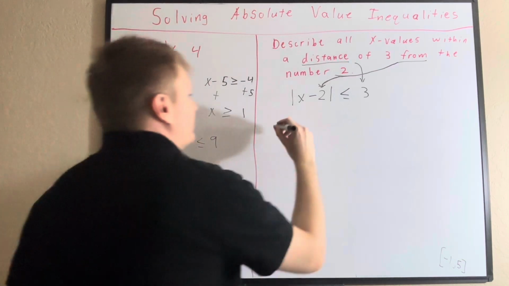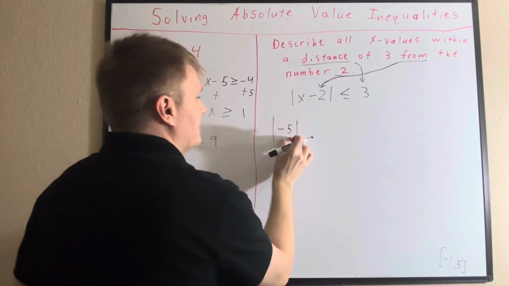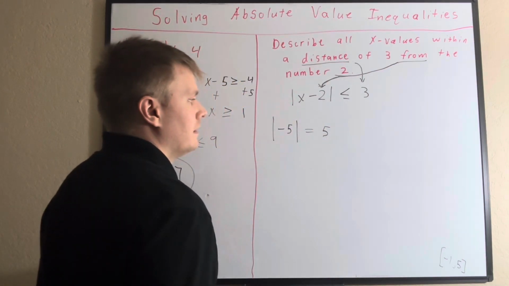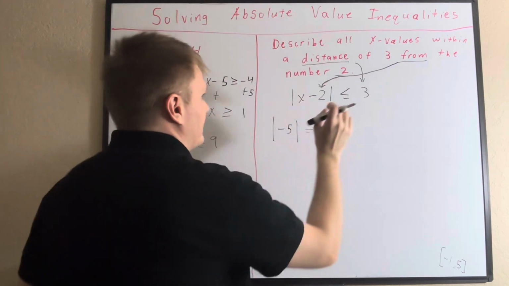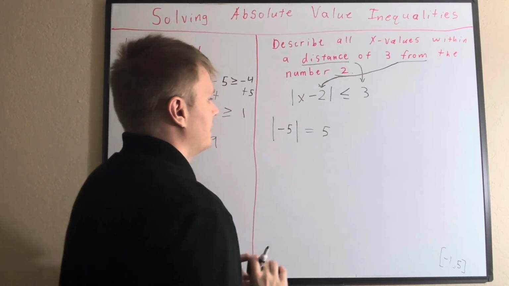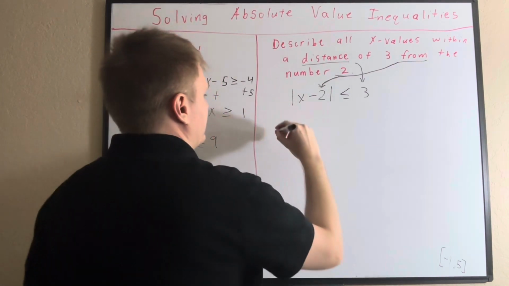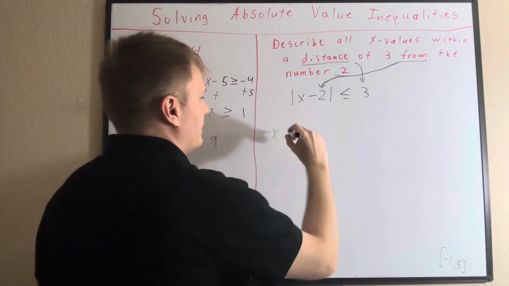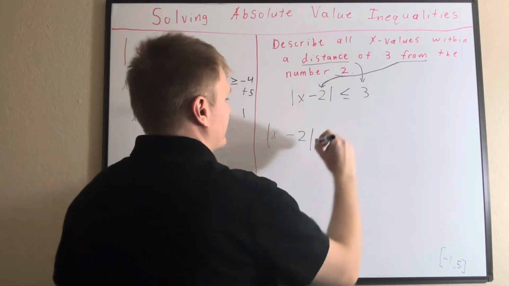Well, when you're taking the absolute value of a number, you're taking the distance it is from 0, right? The distance that number is from 0. This is an inequality. And we're taking an unknown number, right? And we're subtracting from it.